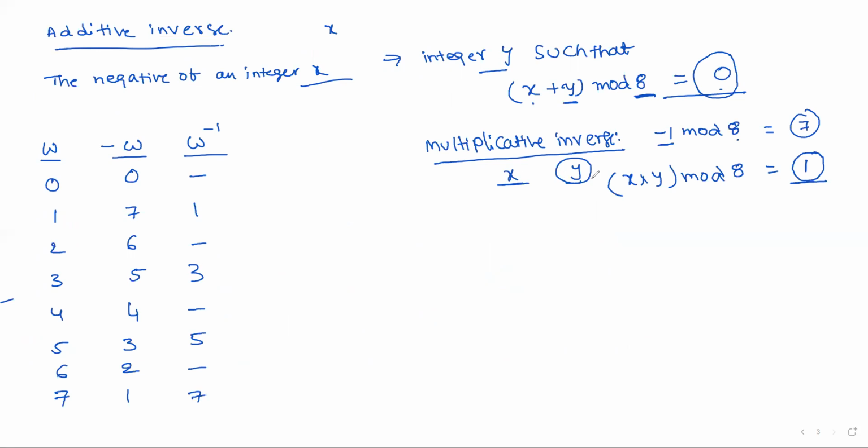Or another way is we have to identify, for example, number 5 into y mod 8 is equal to 1. For which value of y are we getting remainder 1?